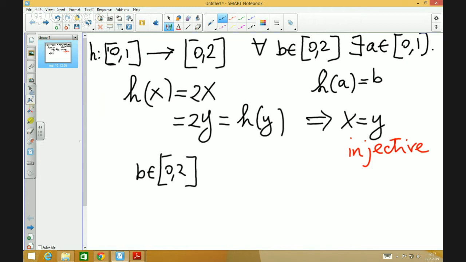Well, H doubles the input. So if you want to get B, you feed H with half of B. So the function is surjective.